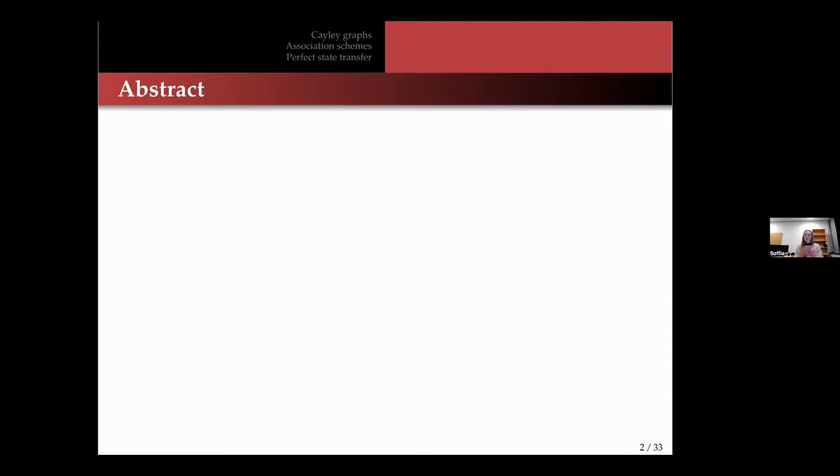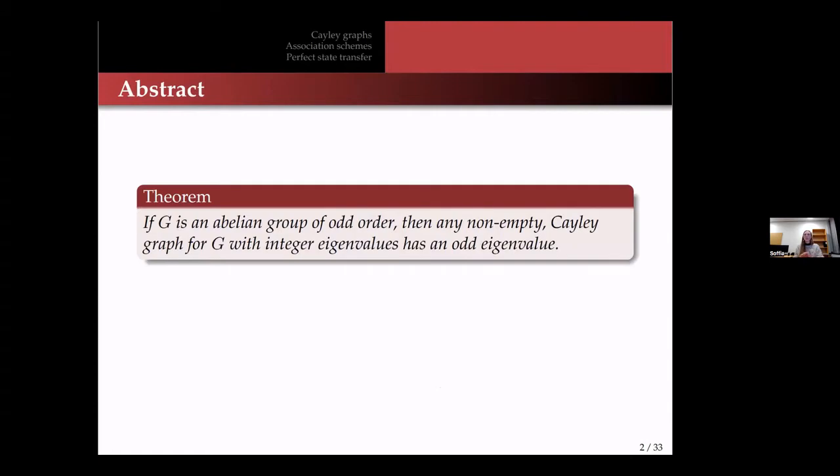There are going to be two parts. We're going to talk about association schemes, and then we're going to use association schemes to prove this theorem here. This is just a theorem about Cayley graphs. It's nice because it seems like a theorem that you can easily prove just using group theory, but that actually doesn't seem to be a good way to do it, but it's easily proved using association schemes.